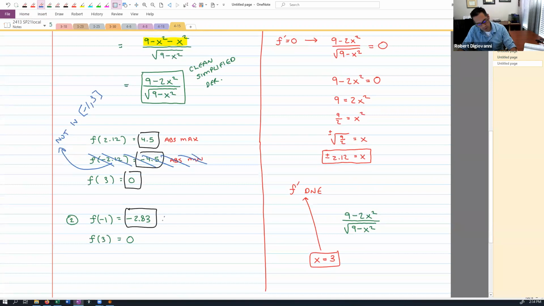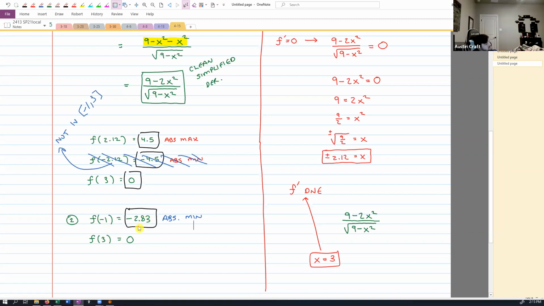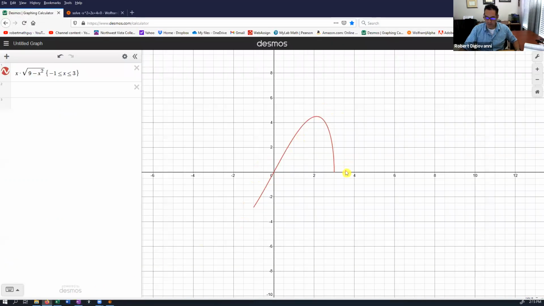And that means our real absolute minimum would have been this one. It happens at -1. Now, this is the correct answer. Whoever said that they got something different, this is correct. Okay, that makes me happier now. Let's go back and look at the graph. Here's the picture.